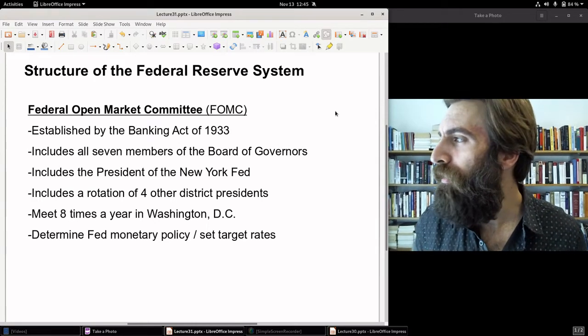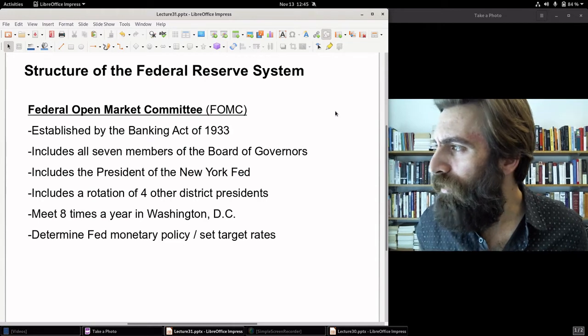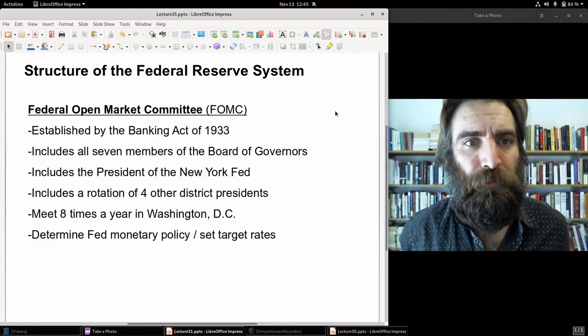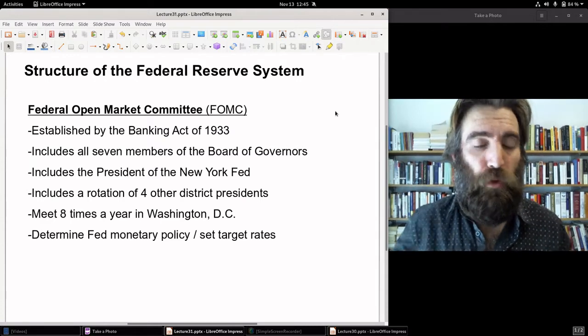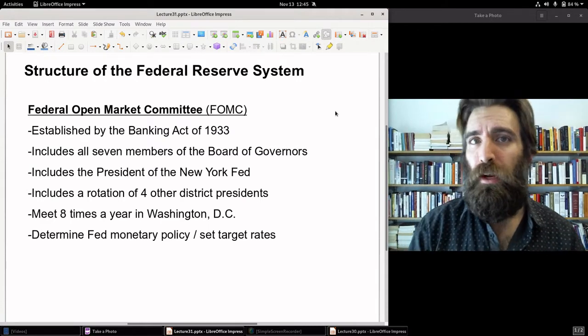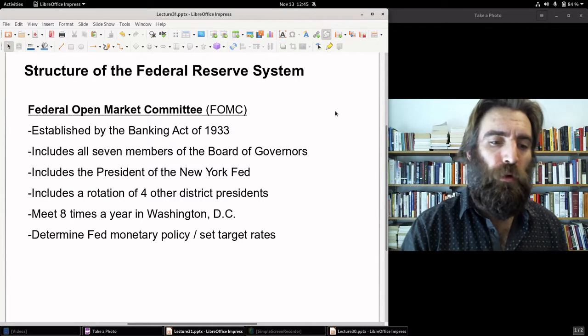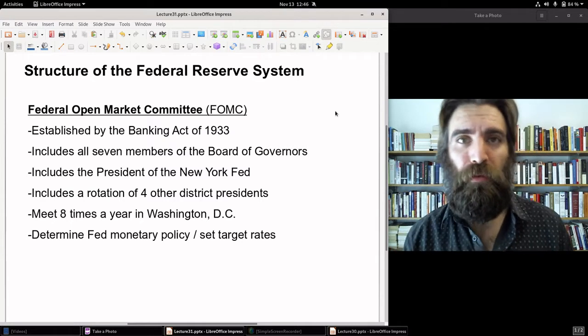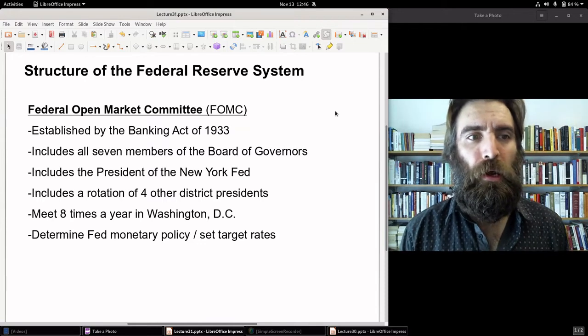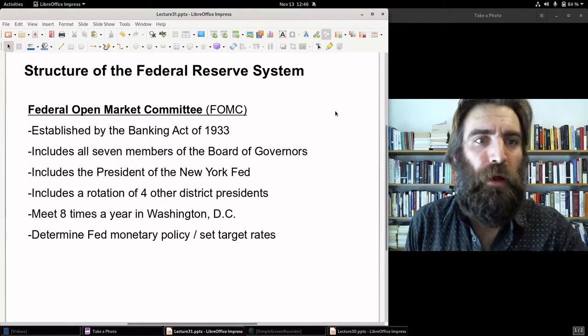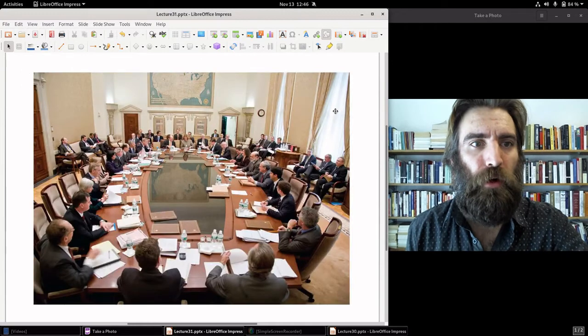There's a council called the Federal Advisory Council that consists of 12 representatives of the banking industry, and it confers with the Board of Governors and the FOMC. So that's another element, but this is the basic structure.